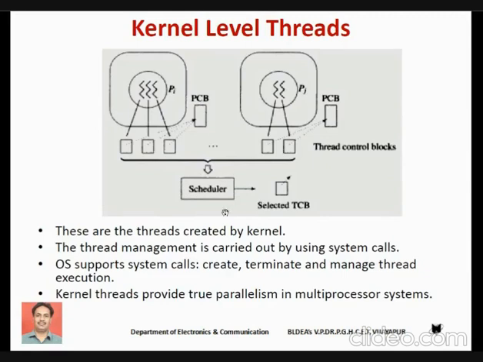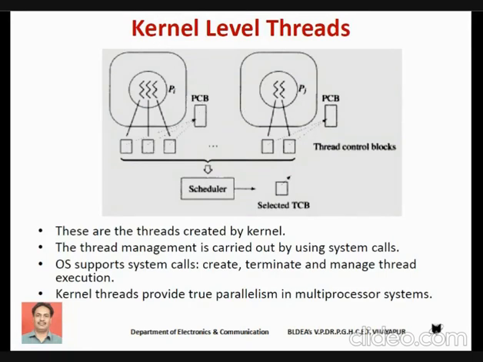In this case, if you have kernel level threads, a process will consist of multiple threads, and each thread will have a thread control block. The scheduler is supposed to select one of the threads for execution of that program. The scheduler will select one of the TCBs, that is, thread control blocks, for execution. But the information about all these threads will be stored within the PCB. What is PCB? PCB stands for process control block.